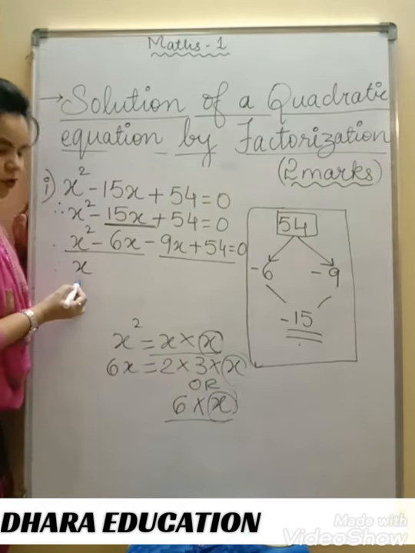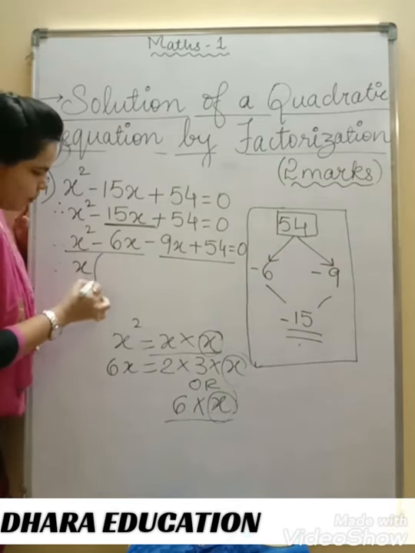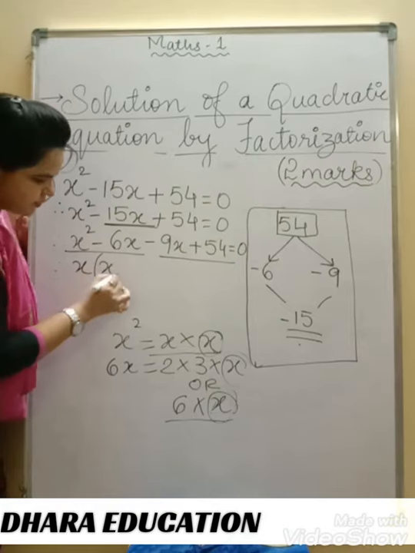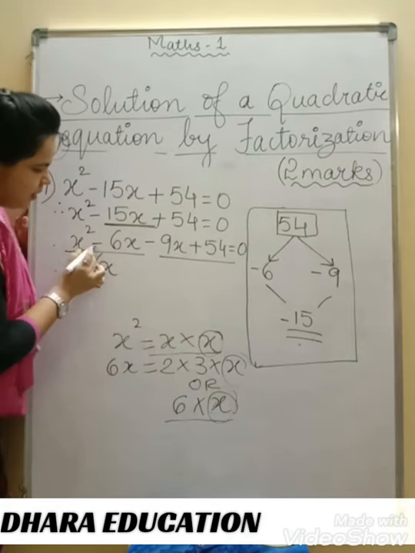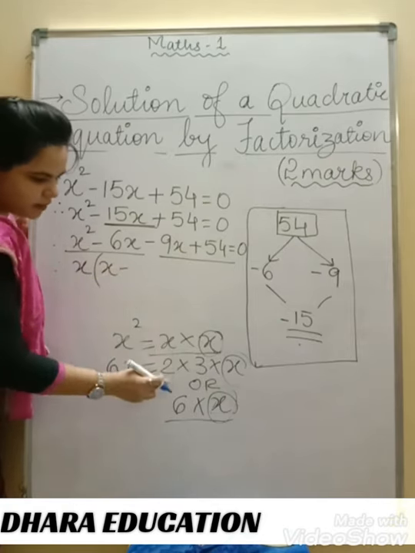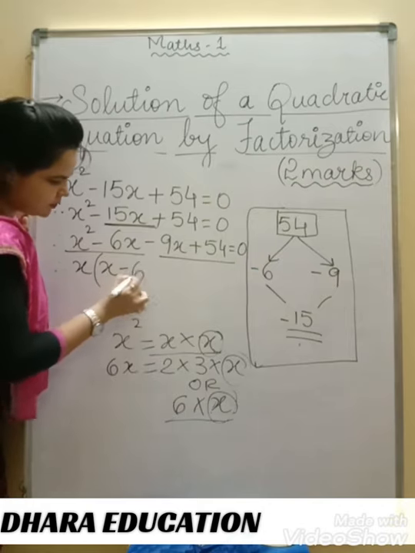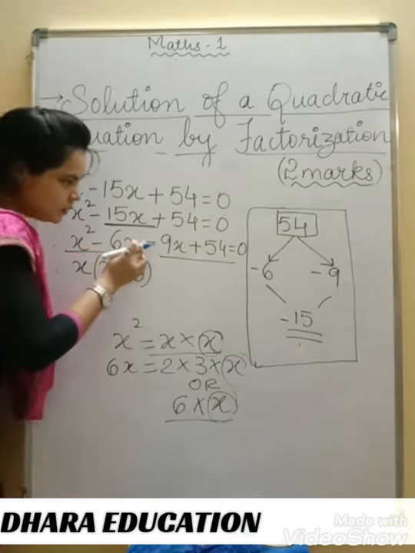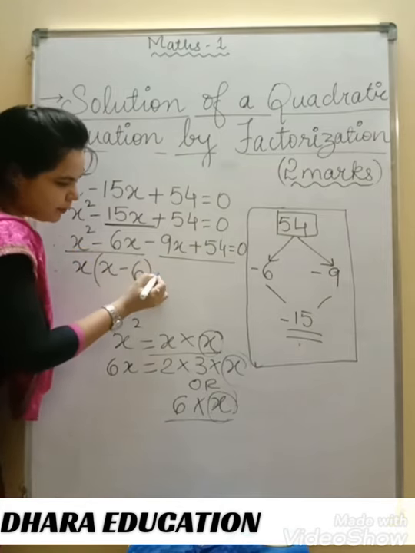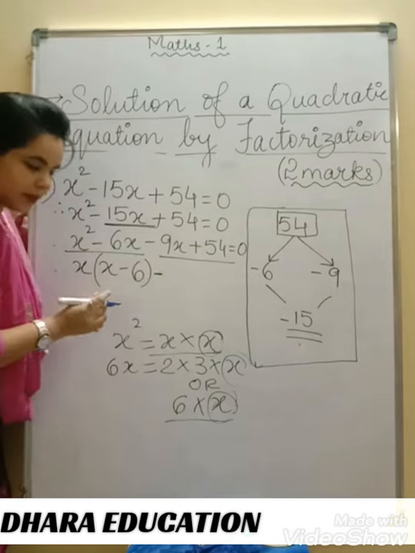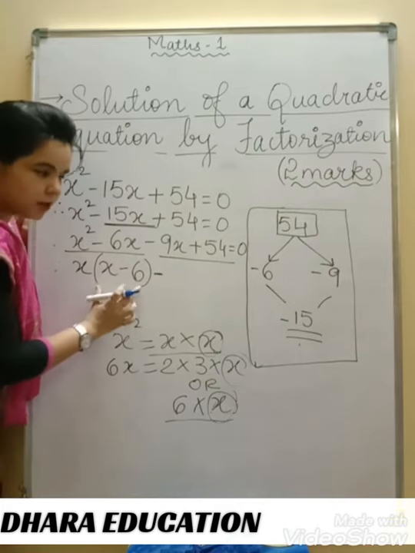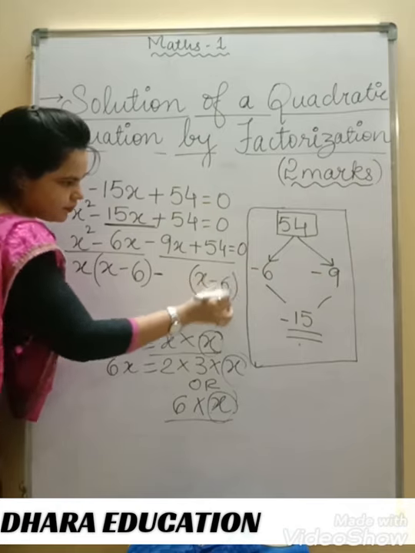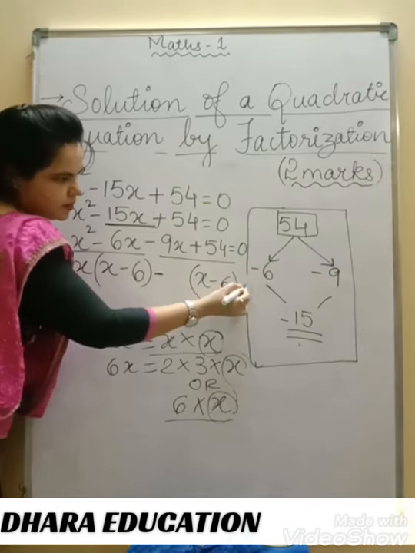So that is why x is common. I have written common x over here. Open the bracket. Write only one x here because it is remaining. Only one x is remaining here. Minus, minus what is there? 6, we will write. And close the bracket. Then the same sign will come here: minus. And exactly this term we will write exactly over there, equals to 0.